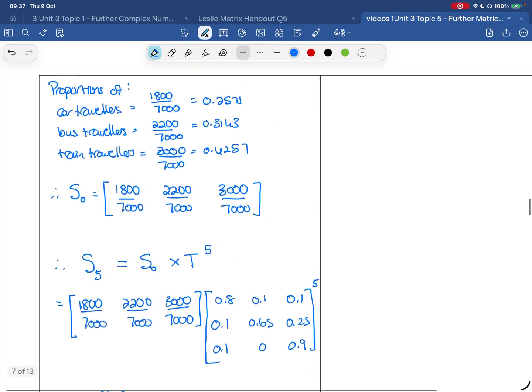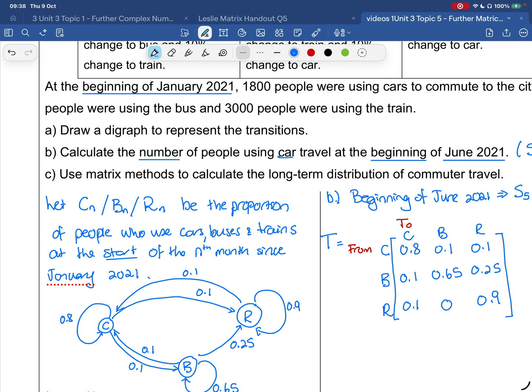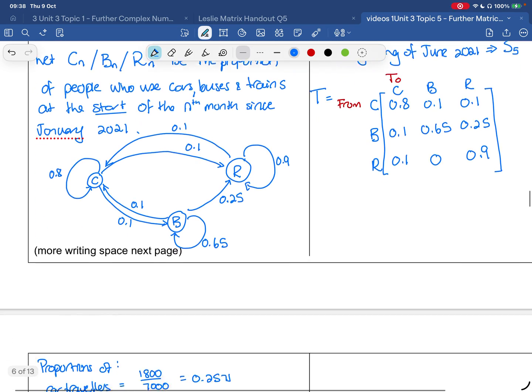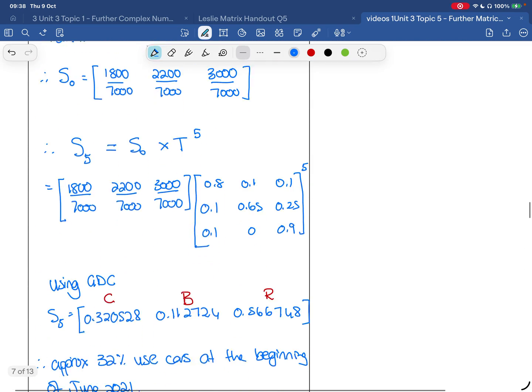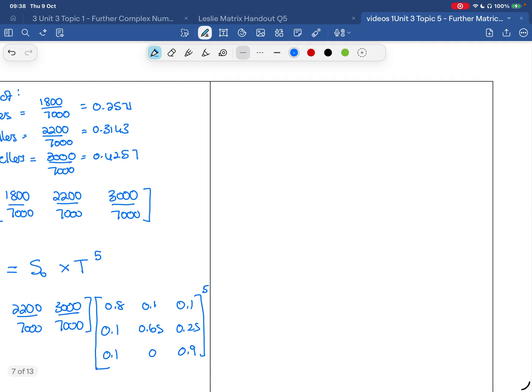Okay, next part of it is use matrix methods to calculate the long-term distribution of commuter travel. Okay, we have to show our working using the matrix methods, and this long-term distribution tells us we're looking for the steady state, okay? And you will not get full marks if you just put it to a large power, okay? You have to show the working for the steady state.